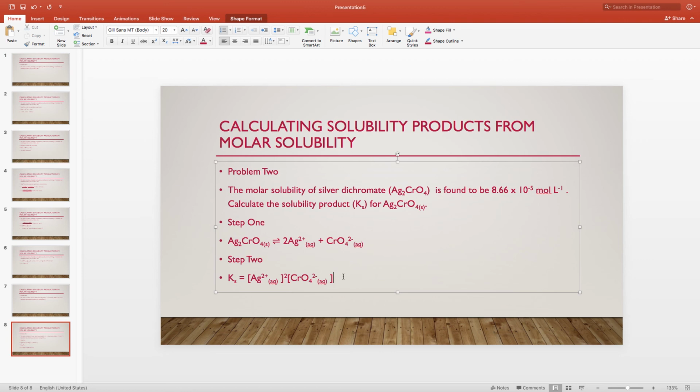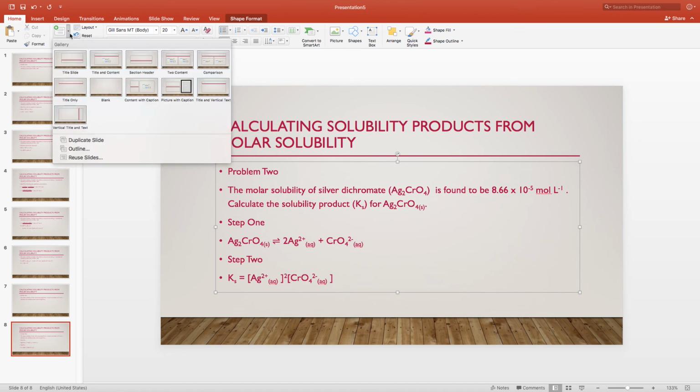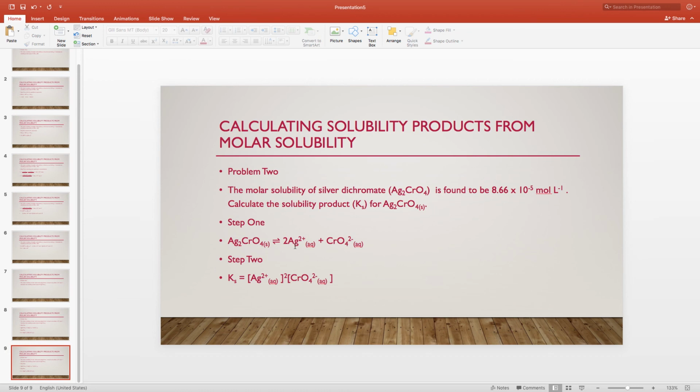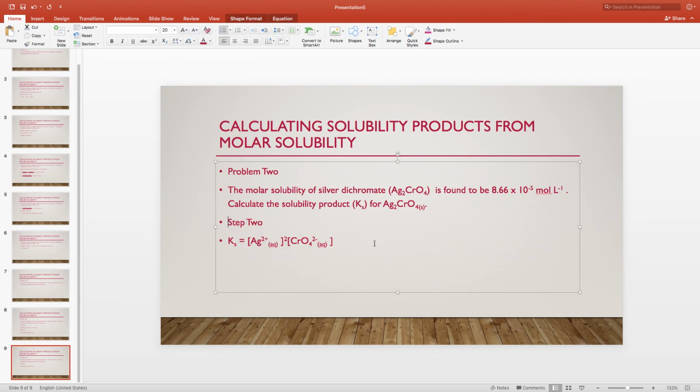So now we have to find what the concentration of each of these are and substitute it in. So let's go and do that. This is easy because we're already given the fact that the concentration of the silver dichromate solid that dissolved was 8.66 times 10 to the negative 5 moles per liter.